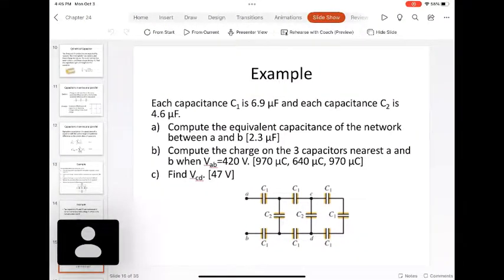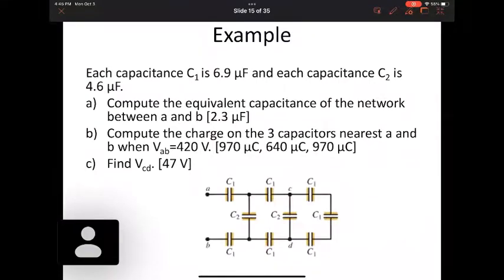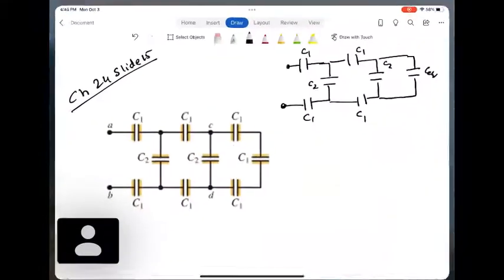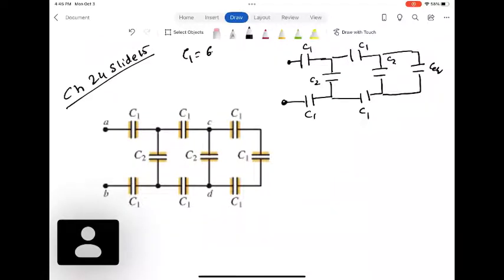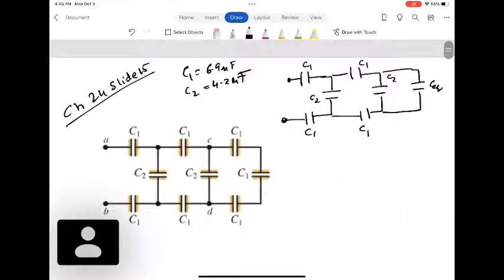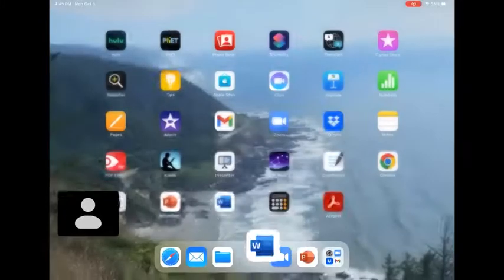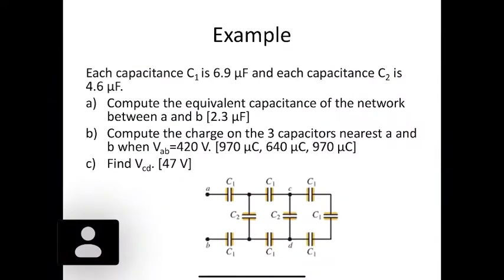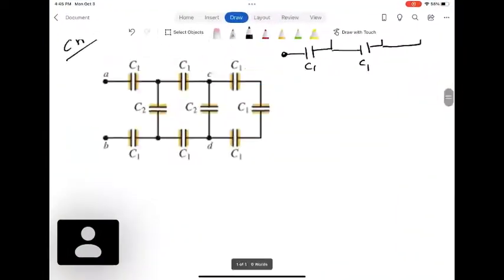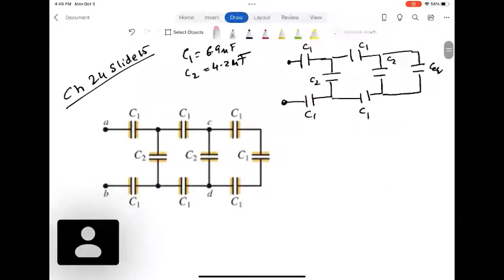C1 is 6.9 microfarads and C2 is 4.6 microfarads. Let me just double check that. 6.9, 4.6. All right. Oops, 4.6, not 4.2. All right. So now let's call this diagram 1.